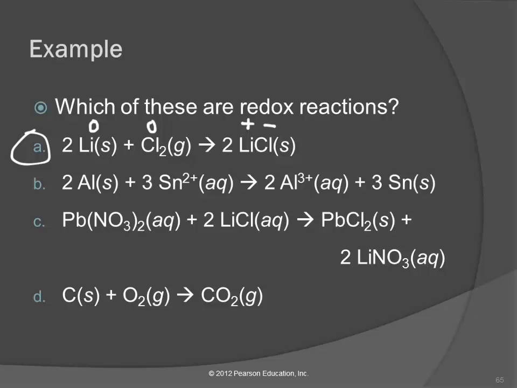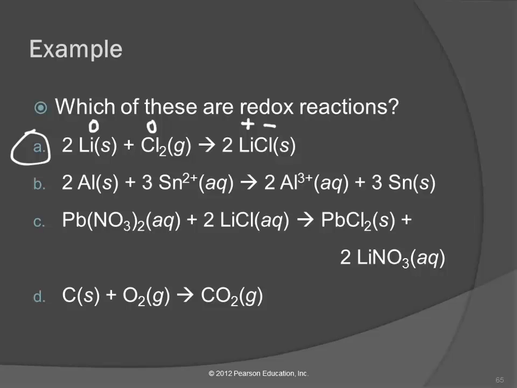How did lithium become a +1 ion? It lost an electron. Oxidation is loss of electron. Lithium was oxidized. Where did that electron go? The chlorine picked it up. How did chlorine, the element, become chloride, the ion with a -1 charge? It gained an electron. So it was reduced. So that's looking at it more deeply, but you can also just say, oh, metal, nonmetal, they reacted, redox reaction.